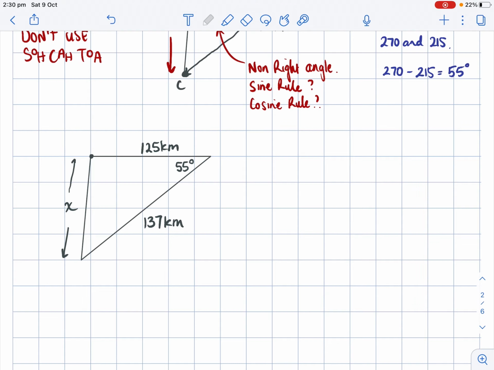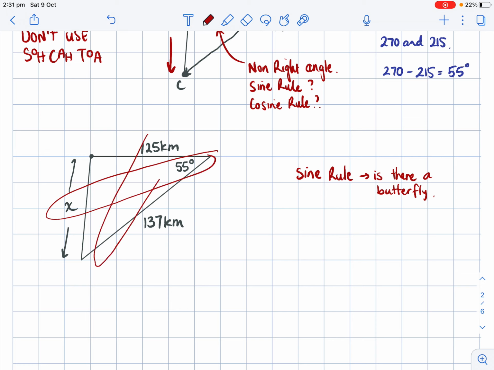And our strategy for sine rule: is there a butterfly? Those people who have been in class and listening will know what I'm talking about with the butterfly. That would be, okay, can I create this nice little butterfly thing going on?